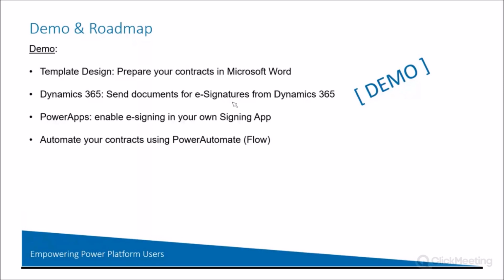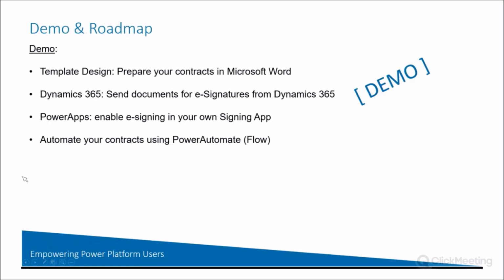And then in Dynamics 365, show you how to send that document for e-signatures with our tool inside of there, and with one-click actions, etc. Then show you a little Power App, just a brief overview of how we think that would look, to enable e-signing in your own signing app. And then automate your contracts using PowerAutomate. That's a really handy thing.